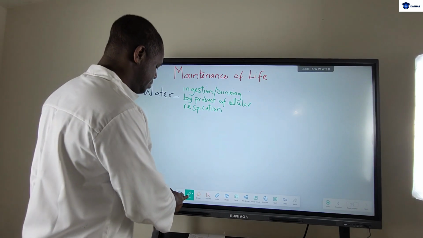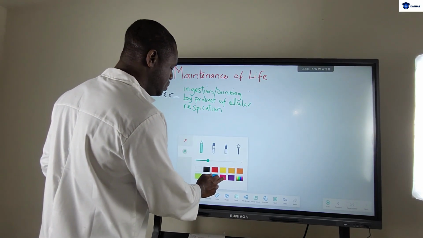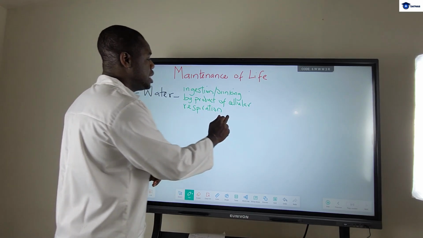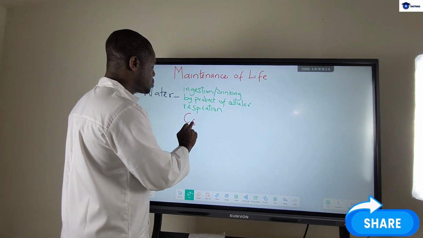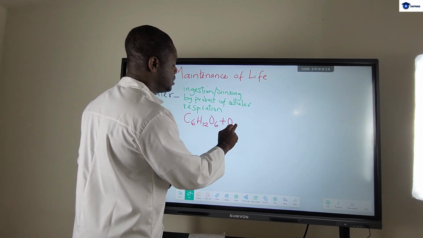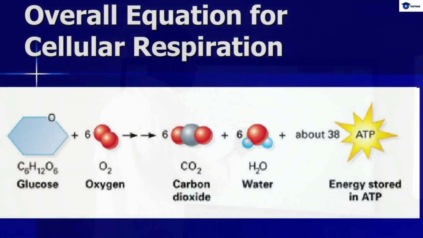How? I showed you a chemical reaction that occurs between the glucose and oxygen to form water, carbon dioxide, and energy.